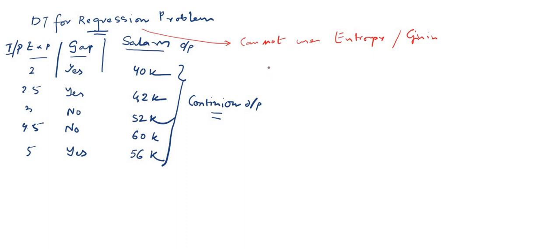So here we'll cover basically two things. One is how to use a continuous variable as a feature, because in this case we have this continuous feature.